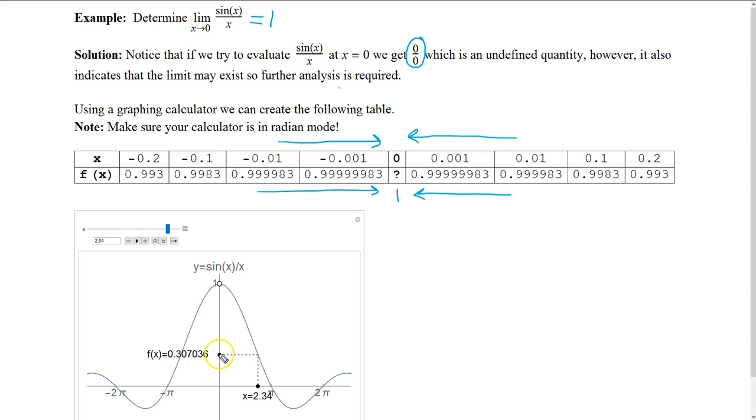However, the limit still does exist because these values here on the y-axis are getting closer and closer to 1 as x gets closer to 0, as we saw. So that concludes this introduction to limits.